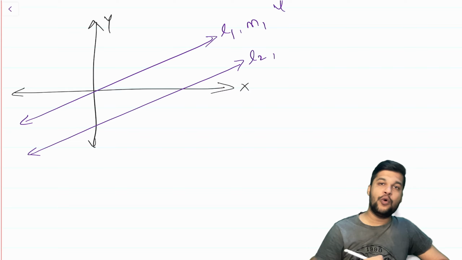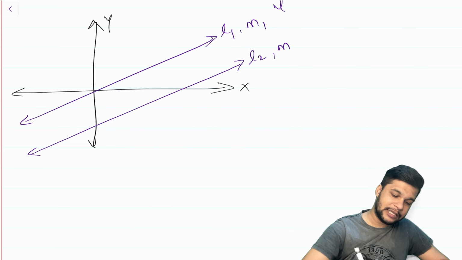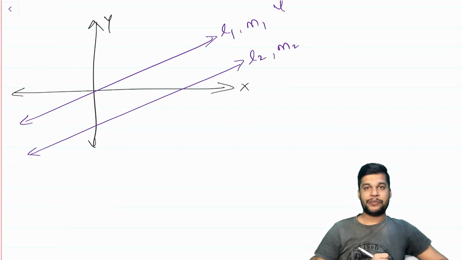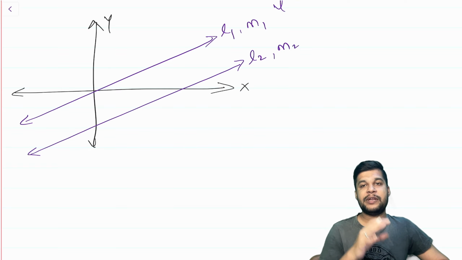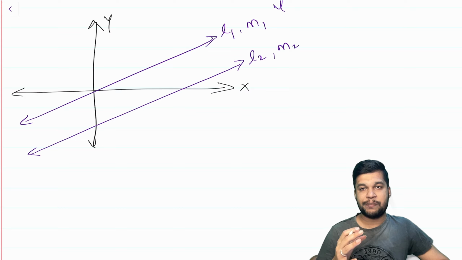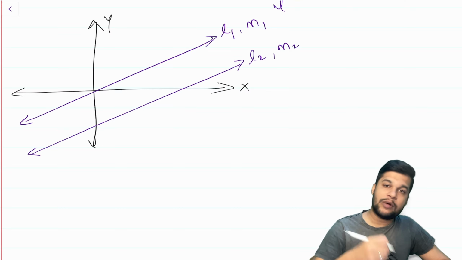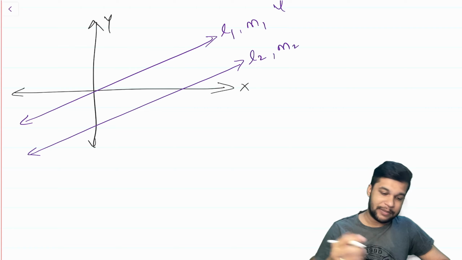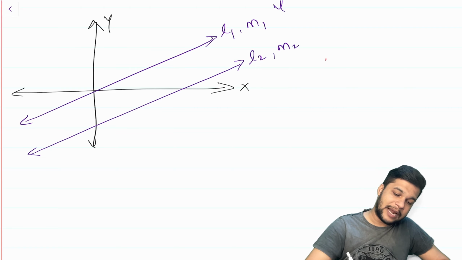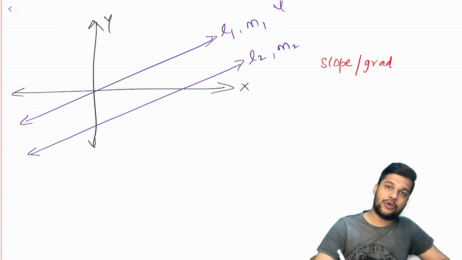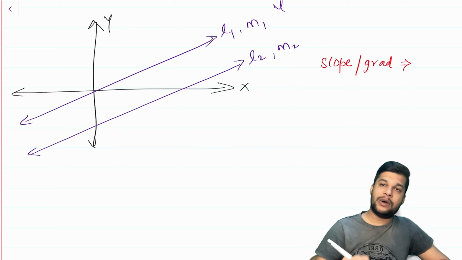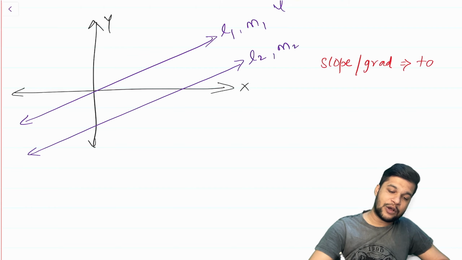And let's say the slope of this line is M2. So what is the relationship between M1 and M2? So guys, I hope you remember that I have taught you that the slope or the gradient, whatever you call it, is rise over run, which is nothing but tan of theta.